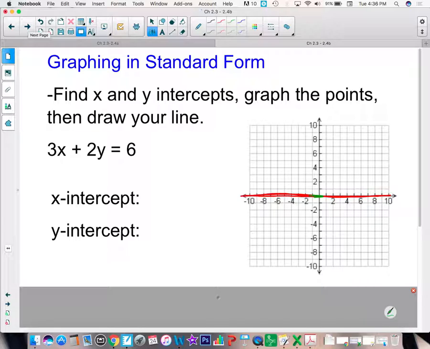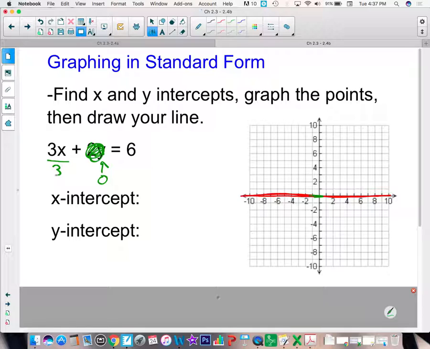All right, so that means we're going to plug in 0 for y, and then we're going to solve for x to get our x-intercept. So if you plug in 0 for y, what really happens to my y term there? It's gone. You can cover that up with your hand, you can cross it out, you can do whatever you want. Now we can solve for x.